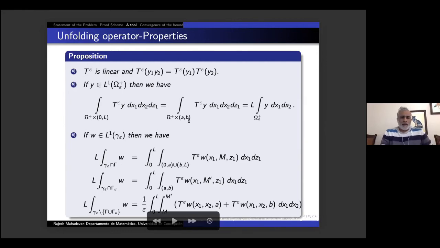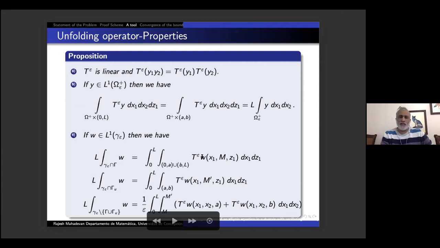And if you have a function on the boundary, something similar happens, but here you have to take care. If there are flat parts of the boundary, as is the case in our example which I showed you, then it goes through exactly in the same way.